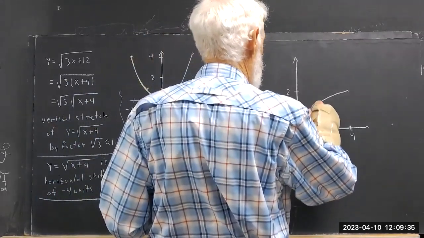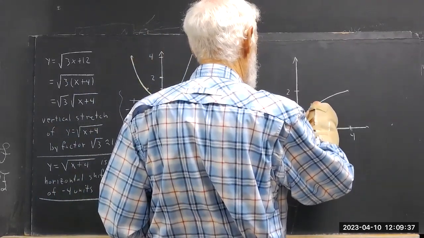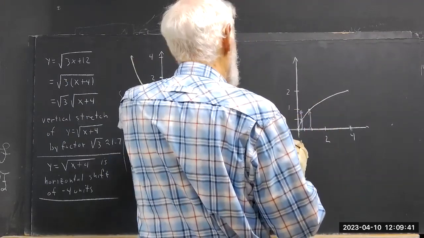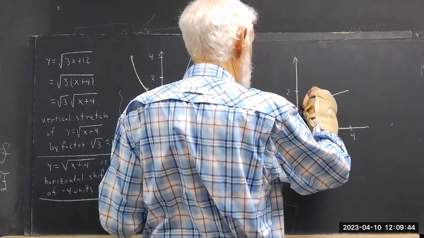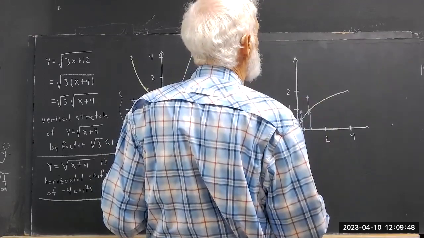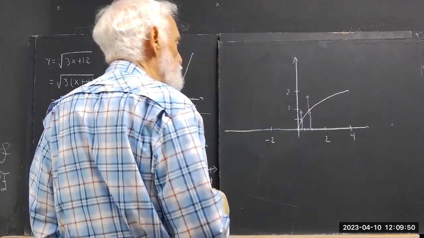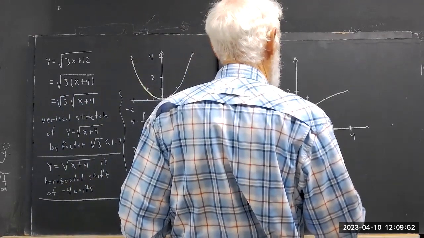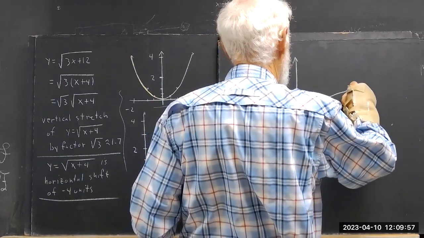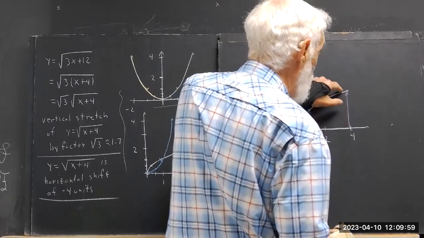Okay, then this point is 1 unit from the x-axis. We want to go 0.7 units above that. And then when x is 4, that's our y value.